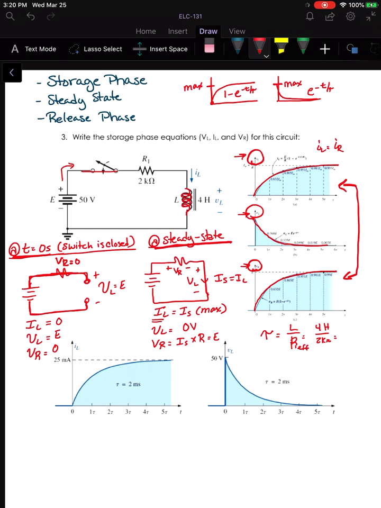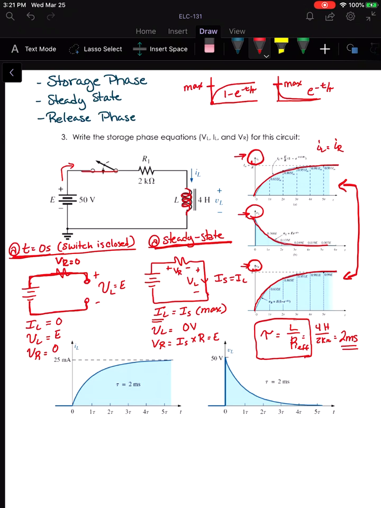So that means we have 2 milliseconds as our tau in this case. Be very careful that you're not using the equation for capacitive time constant, because remember that was our time C. For the inductor, we're dividing L by the resistance.